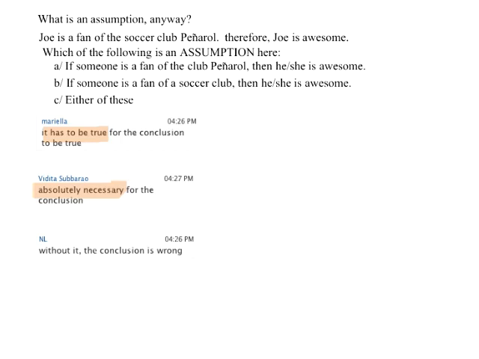So an assumption is something that you absolutely need for the argument to work. In other words, it's the bare minimum. If you think about what the word need means, and think about enough examples, you'll come to the realization that the word need is always talking about a minimum.